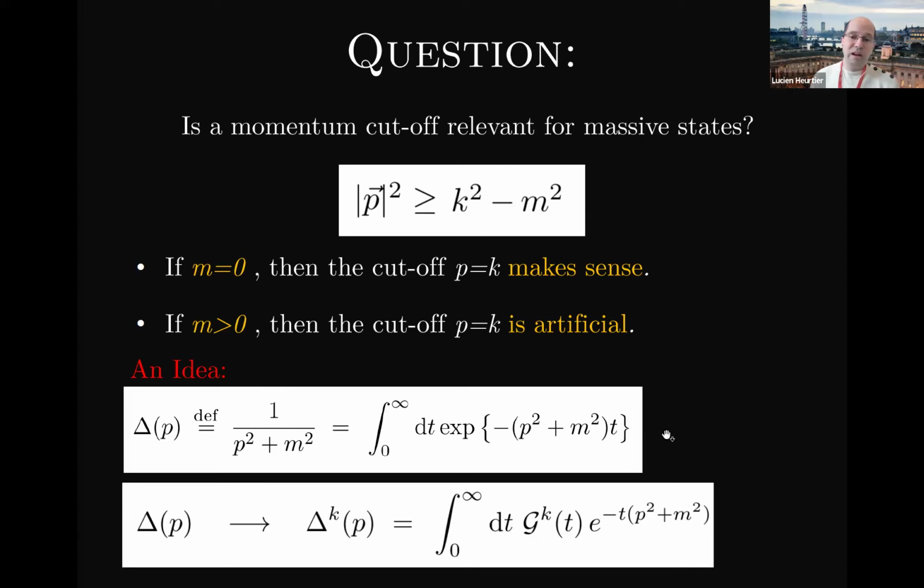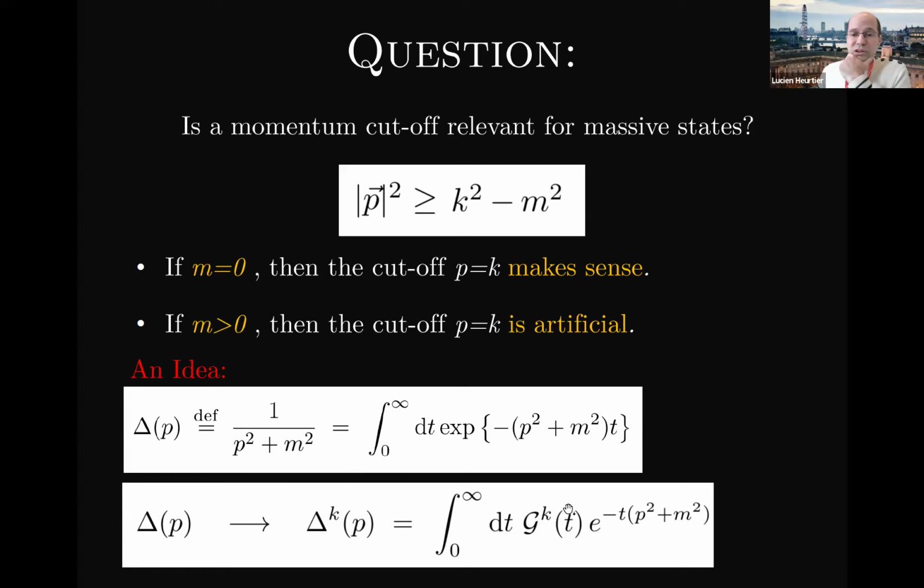And what we thought is that it might be a good idea, if you want to make sure that you cut off all propagators in which the particle propagator has more energy than a certain cutoff, then instead of having a regularization on the momentum p, you may actually want to regularize the theory using the t parameter instead. So the idea we came up with, and we realized later on that it was not a new idea, and I'm sure maybe some of you already know about this kind of technique, is to regularize your propagator, but using the t parameter as a variable.